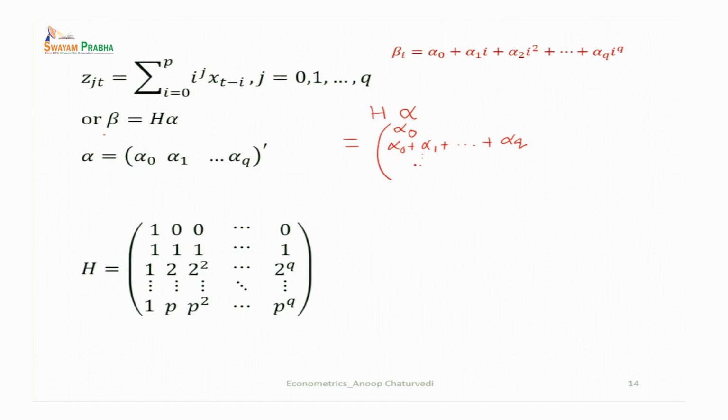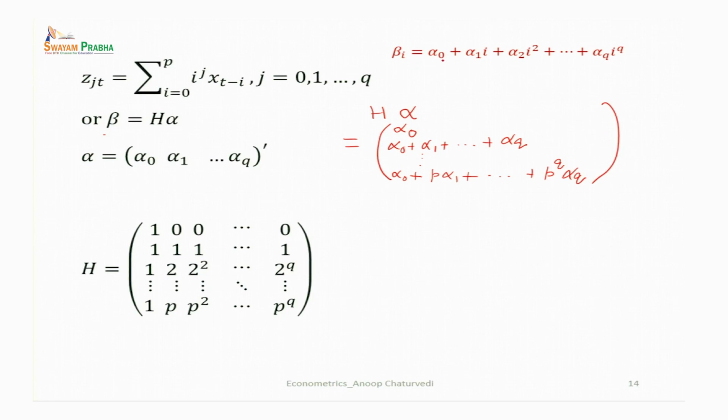The last element is 1 into alpha naught plus p into alpha 1 plus p to the power q into alpha q. So, for i equal to p, what you get?